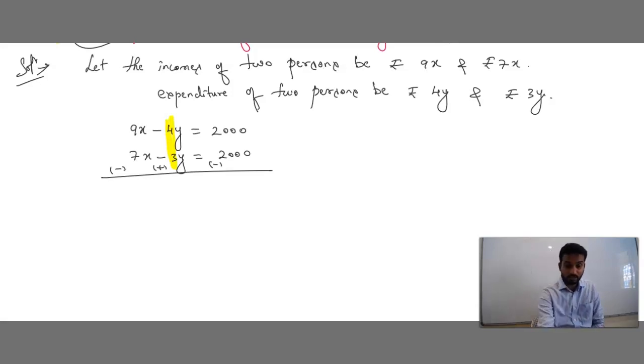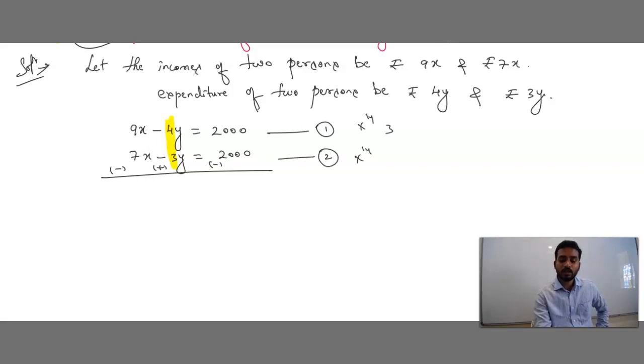If you see 4 and 3, we do one thing. Let me call this equation 1 and this equation 2. Multiply equation 1 by 3 and multiply equation 2 by 4, the opposite. Since 4 and 3 do not cancel, multiply each by the other's opposite, then both become the same. So 3 9s are 27x minus 3 4s are 12y equals 3 2s are 6, that is 6000.